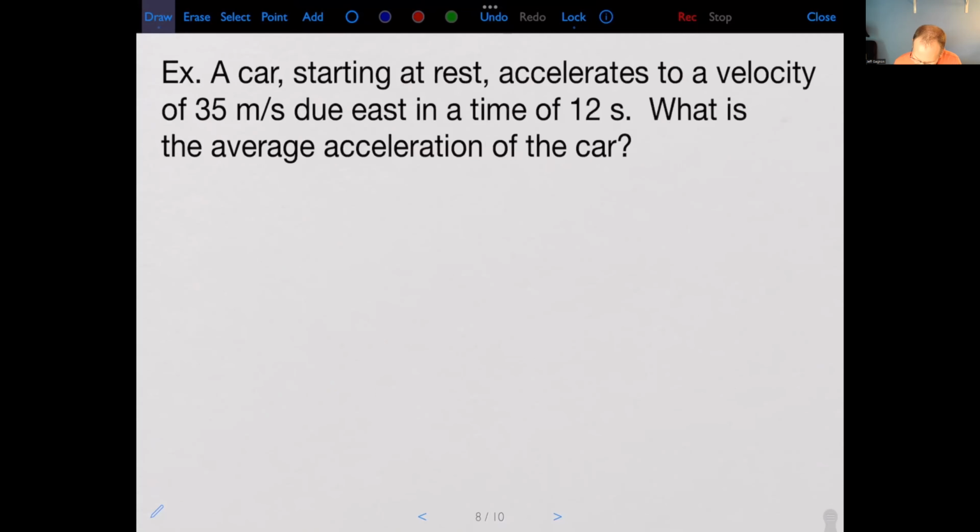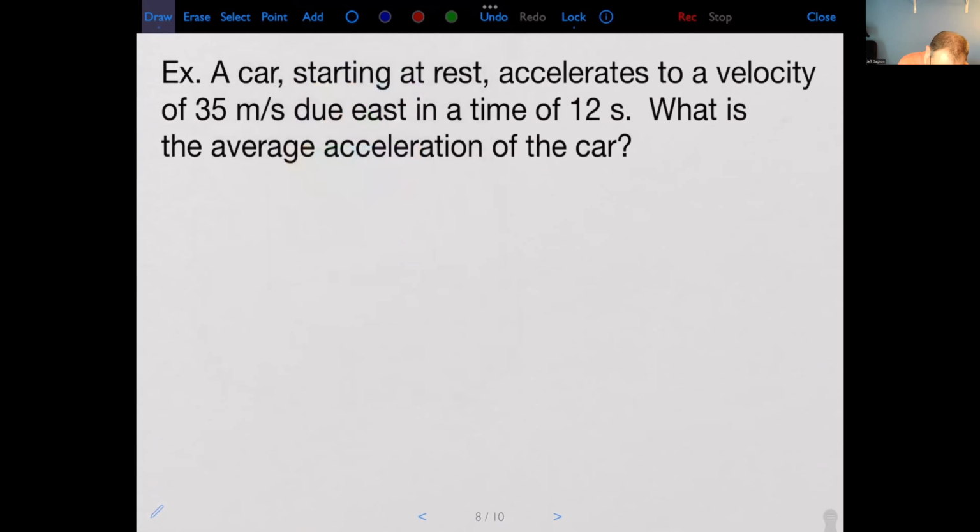Okay, next example was on average acceleration. In this case, you're told a car starting at rest accelerates to a velocity of 35 meters per second due east in a time of 12 seconds. What is the average acceleration of the car? Okay, so in this case, I'll draw a picture first.